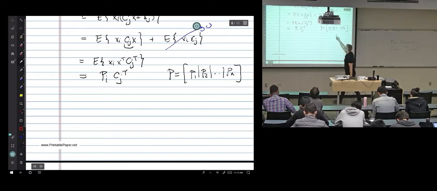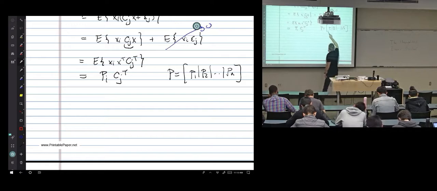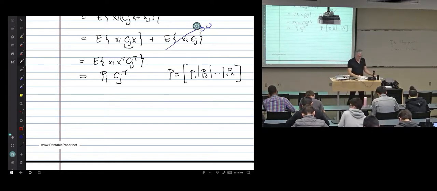Okay, so you can check that, but that's the ith component of x times x1 will get you all that to work out.